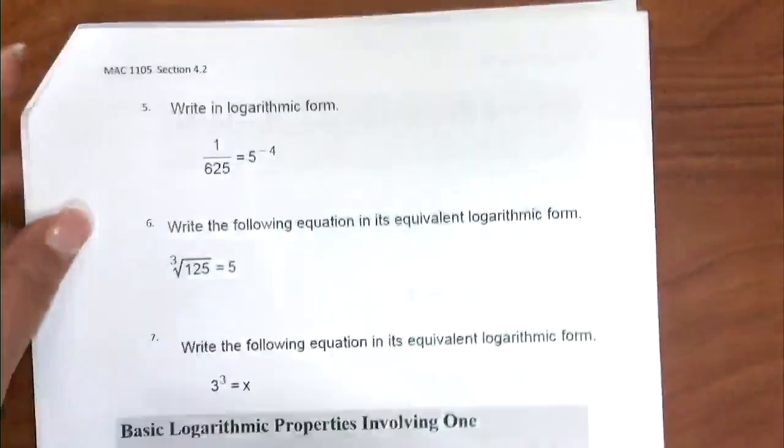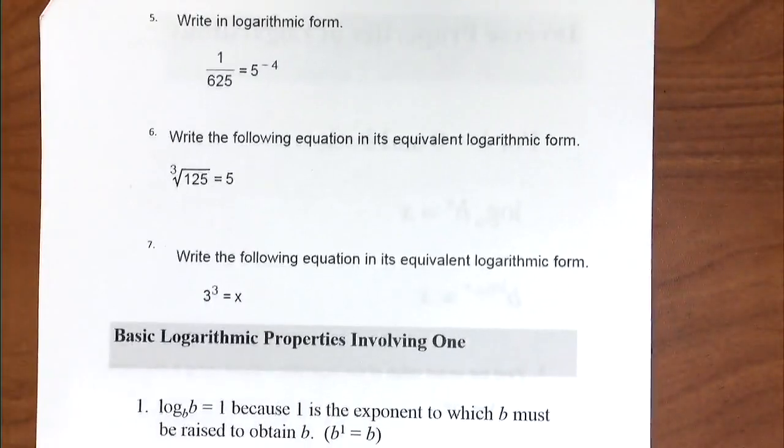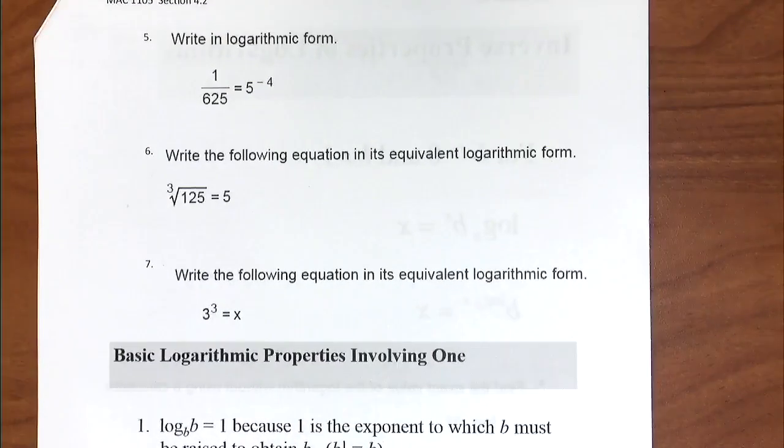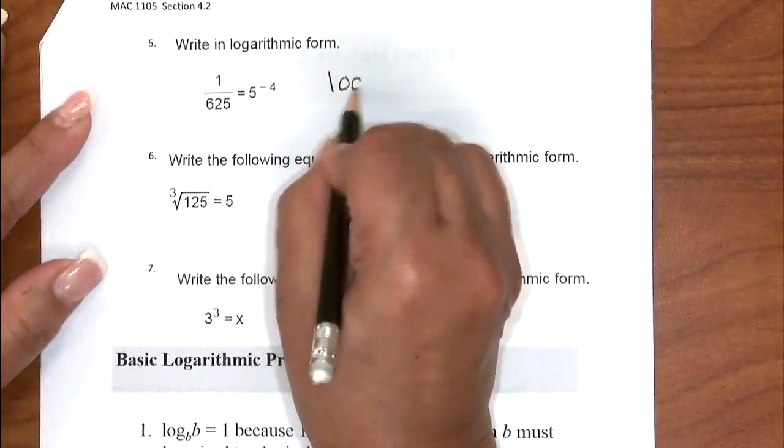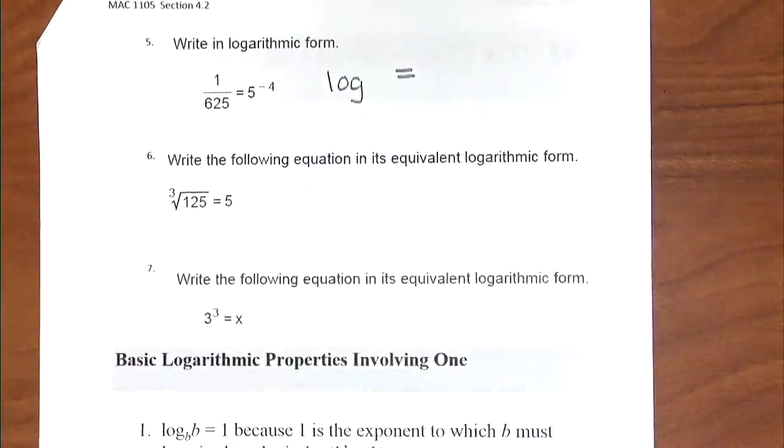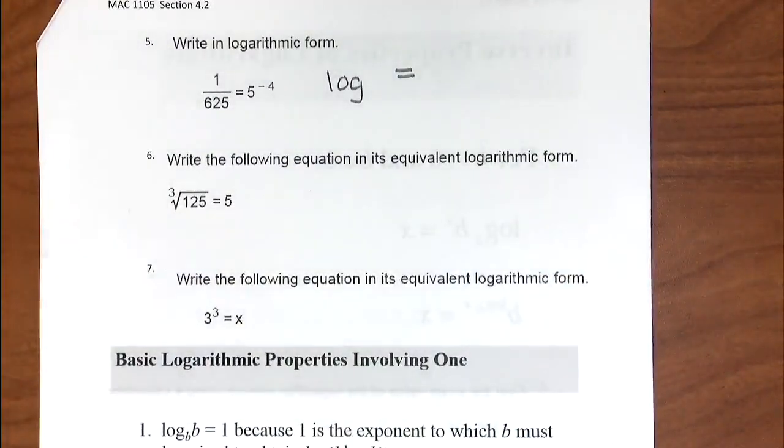All right, let's go to this page right here. Hang in there. I know you're squirming. So am I, but what can I do? Okay, so we're going to put log. Put the equal sign. That'll help you focus on a left and a right side. What number should I hang right off of here? The 5. So put the 5 there.